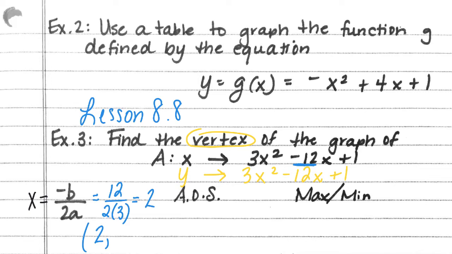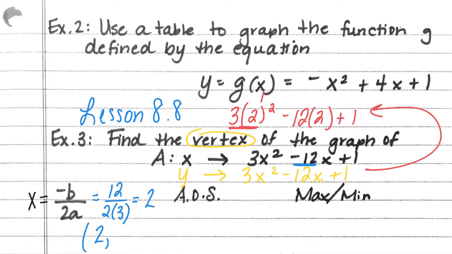To find the rest of it, I need to plug it back in, so I'm actually going to plug it in a different color up here. My notes are kind of smushed today. I have 2 squared minus 12 times 2 plus 1, and this is 3 times 4, which is 12, minus 12 times 2 is 24, plus 1.